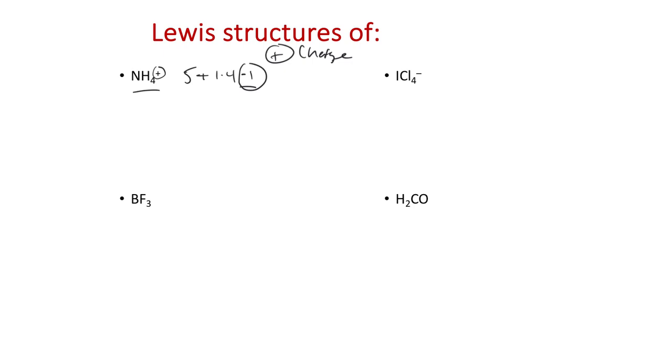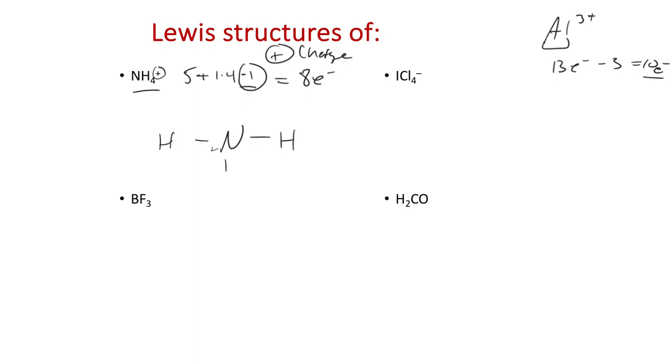This is the same thought as Al3 plus being the charge of aluminum: 13 electrons minus 3 to get to 10. Same basic thought of taking electrons away to get a cation, so I have a total of 8 electrons for the ammonium cation. So I start with my central nitrogen, single bond, the non-central atoms.